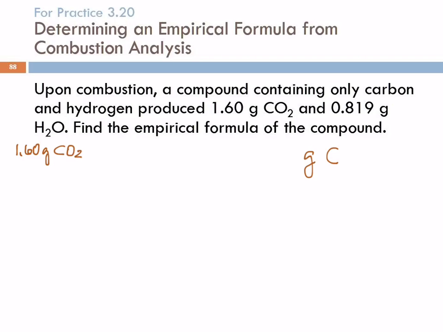If we know the mass of CO2, we could figure out the moles of it, right? The formula gives us that relationship that there's one carbon for every one CO2 molecule, which means there's 1 mole of carbon present in 1 mole of CO2. It's the subscript on carbon in the formula that tells me that. Does that make sense? So for moles of CO2, I can go to moles of carbon. And then the molar mass of carbon on the periodic table will get me grams.